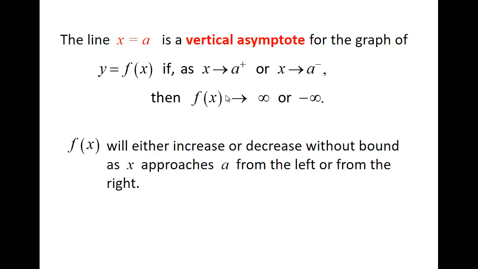So this simply means that f of x increases without bound or decreases without bound as x approaches a from the left side of a or from the right side of a.